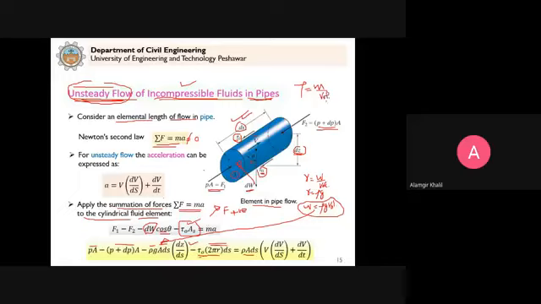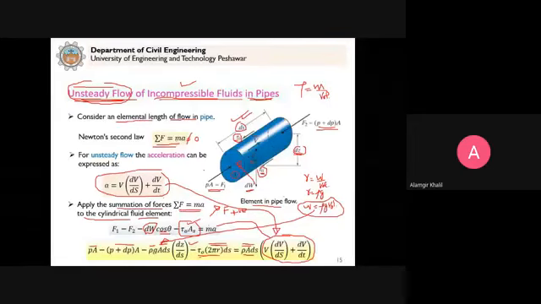So now volume is A ds. So rho into A ds, that is your m. And acceleration is this term here. This is your acceleration from here. Because now we are treating flow as unsteady. So now you see unsteady analysis.